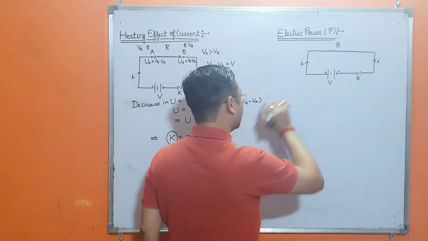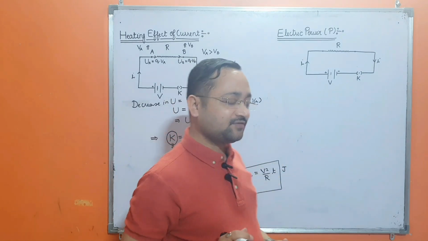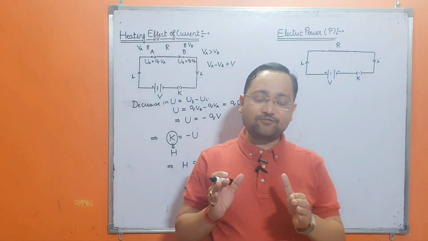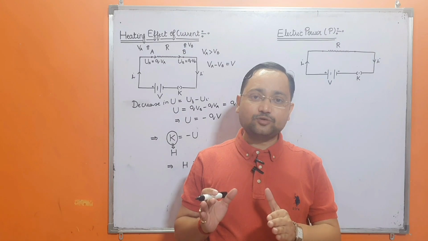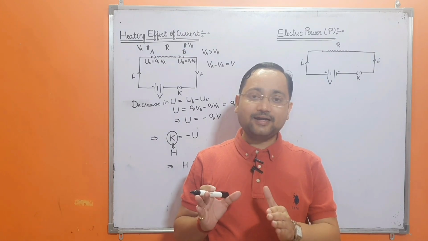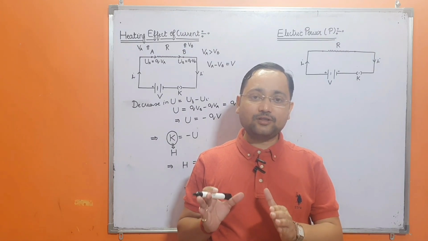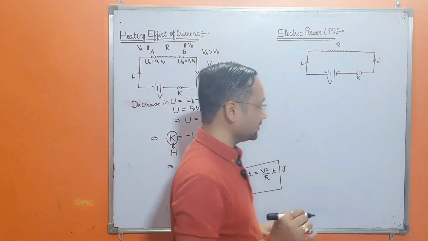So electric power is defined as the rate of doing work by the DC source to maintain the current in the circuit, that is called the electric power of the circuit.